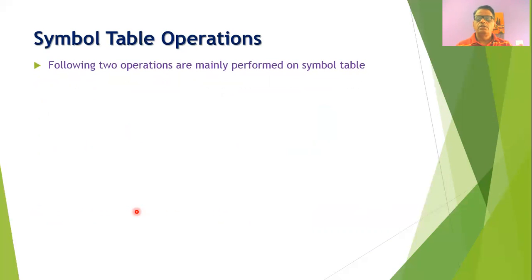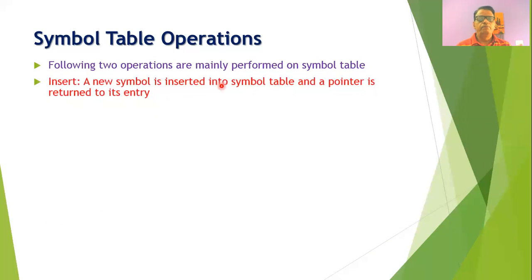Now, there are certain operations that we need to do on the symbol table. A compiler needs to perform certain operations on the symbol table. So, for example, the two common operations that are frequently needed on the symbol table are insert and lookup. Insert is the operation where the new symbol is being inserted into the symbol table and the pointer is returned to its entry.